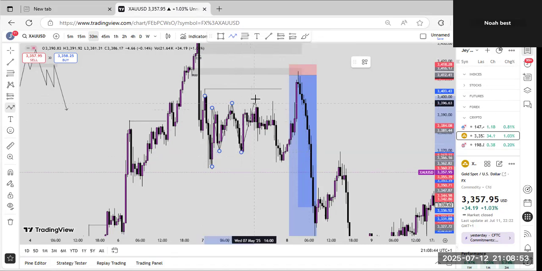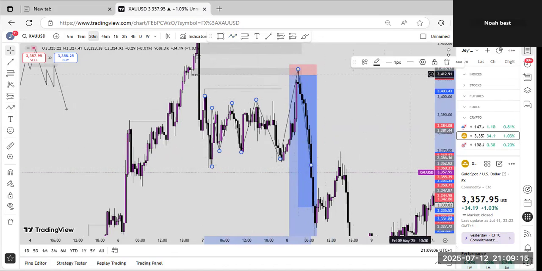So price went up, went down. This place is still resisting it, supporting it to what? Like maybe go up. Price has already mitigated our zone here. Then price broke this. Price broke here and also broke here. This is what we call a double break of structure.